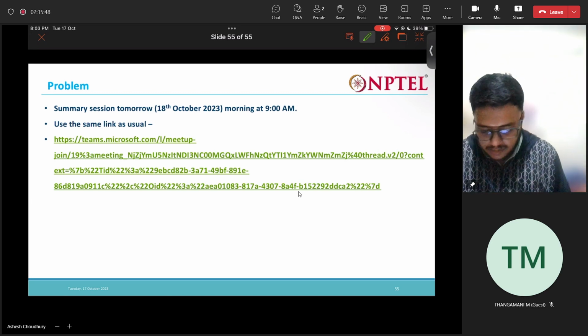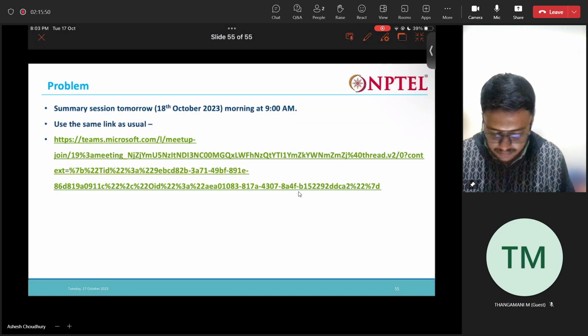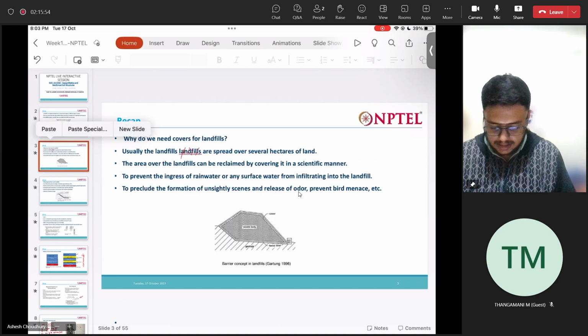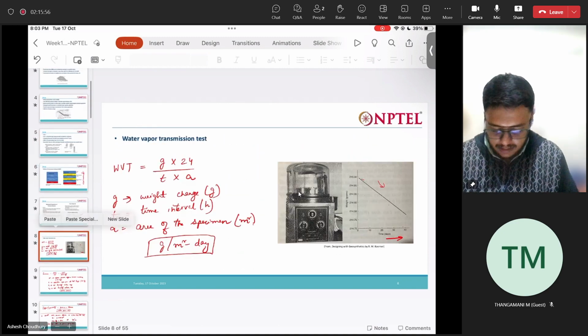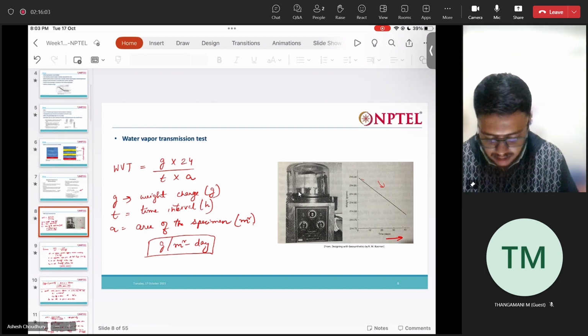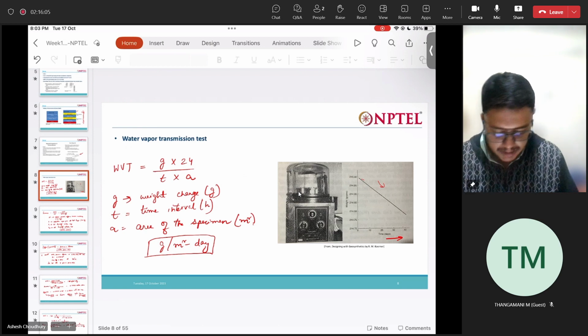Just before we end, we will see whatever we have done today. First we studied what landfills are and what liners are. We saw the vapor transmission test, what the PPT is, and how to determine water vapor transmission.